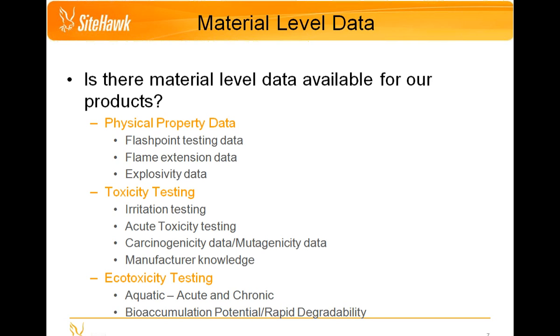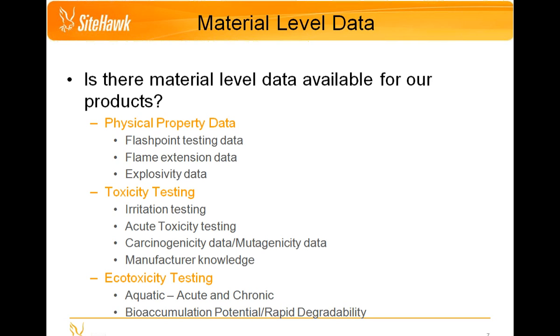Something important to note here is the use of manufacturer knowledge. Many times your knowledge of your products can take the place of actual testing. A good example of this, I believe, would be in our business, we occasionally get asked by companies that we're writing MSDSs for a test lab.